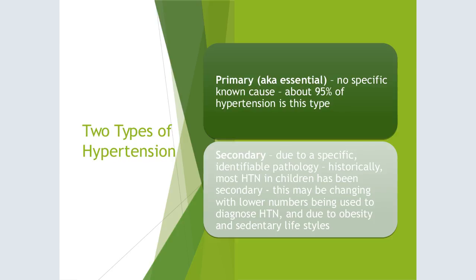However, we may see some changes coming up with these lower numbers being used to diagnose hypertension, obesity, and sedentary lifestyles. We may see more secondary hypertension due to a specific identifiable pathology like obesity, sedentary lifestyles, and so forth, as opposed to primary. But right now, primary is the most common type of hypertension.